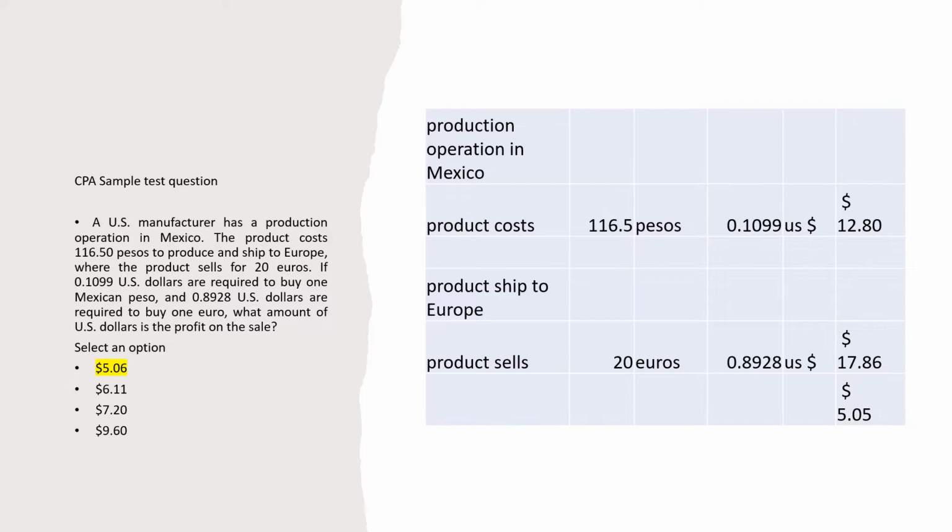Then our product selling price in Europe is 20 euros, times 0.8928 US dollars, and that gives us 17.86. So our profit for a sale would be 5.06.